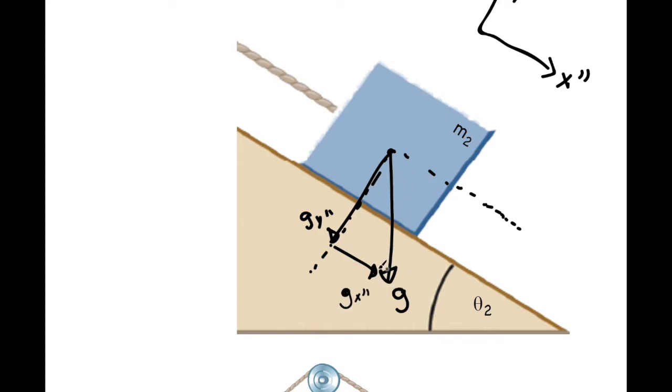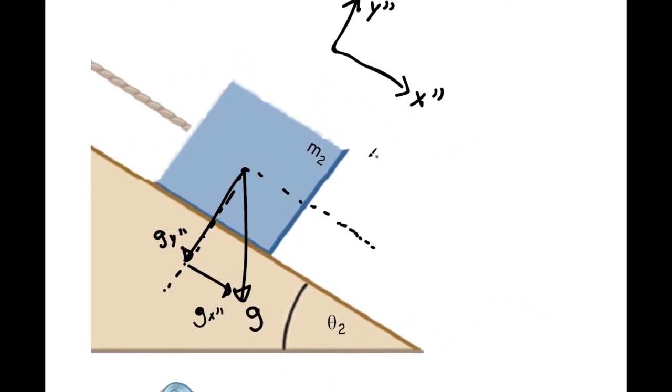So we are interested in getting this component here, and you notice that is pointing along the positive x direction. So we'll say the force due to gravity on mass 2 is m2 times g x double prime, along the x double prime axis, because that's the direction we're expecting things to move if they're going to.